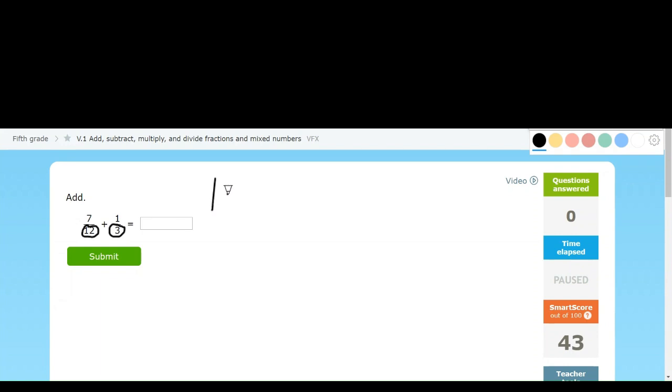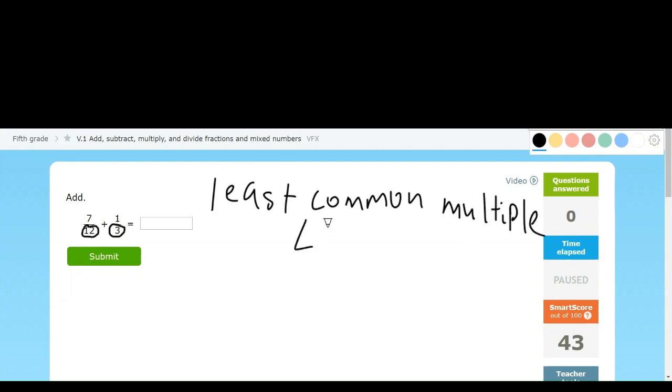Well, we have to talk about something called a least common multiple, or LCM for short. The idea with LCM is you skip count by the numbers. In this case, let's skip count by threes.